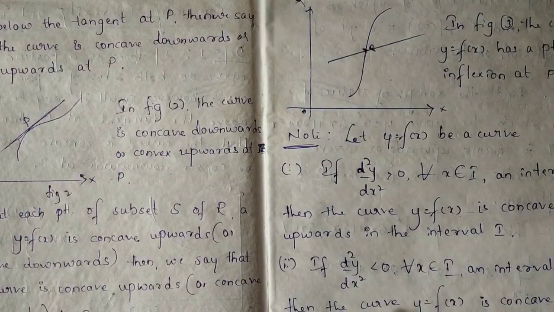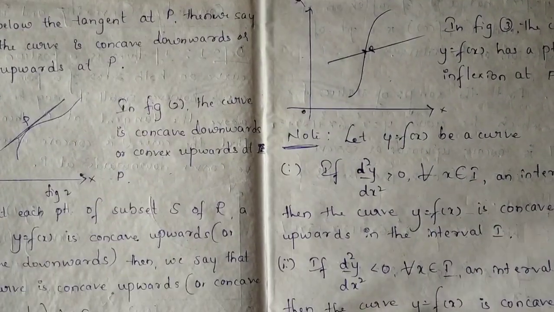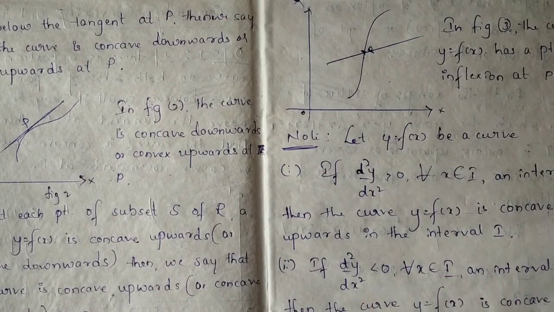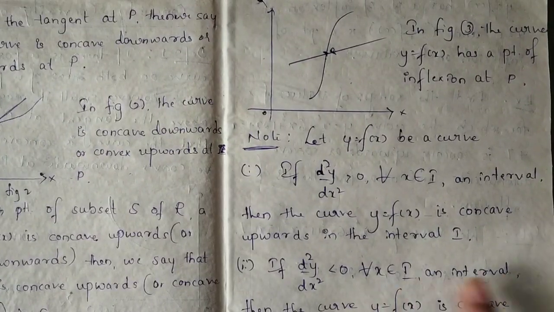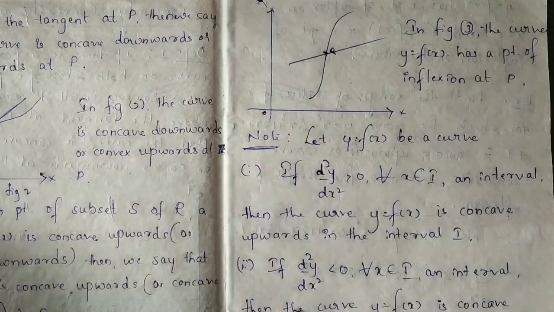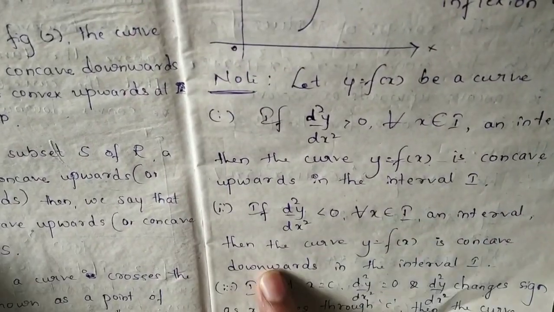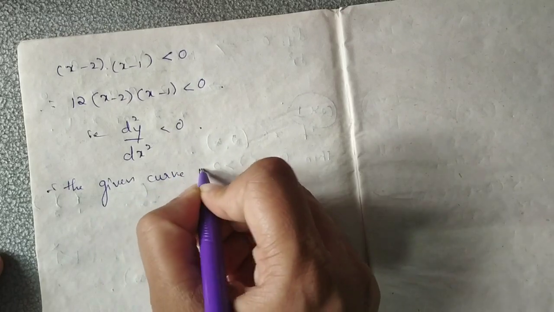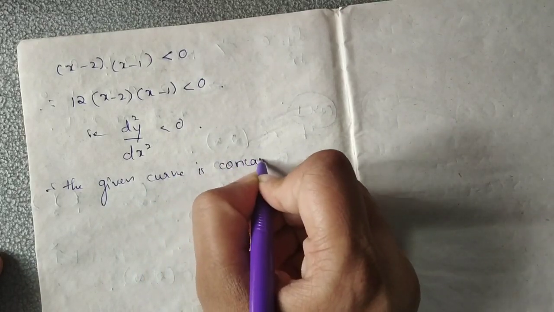Again, according to the note, if d square y by dx square is less than 0 for all x belonging to I, where I is a particular interval, then the curve y equal to f of x is concave downwards in the interval I. So you need to conclude that the given curve is concave downwards.